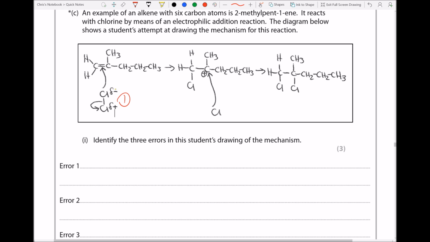Now, what that means is you have a delta positive on the chlorine closest to the double bond, and a delta negative on the chlorine further away. Because what's happening is the electrons that were around this chlorine are now being nudged to one side of the molecule because of the repulsion with the double bond. So that's the first mistake. These polarities are back to front. They should be the other way around. So let's write this down in here.